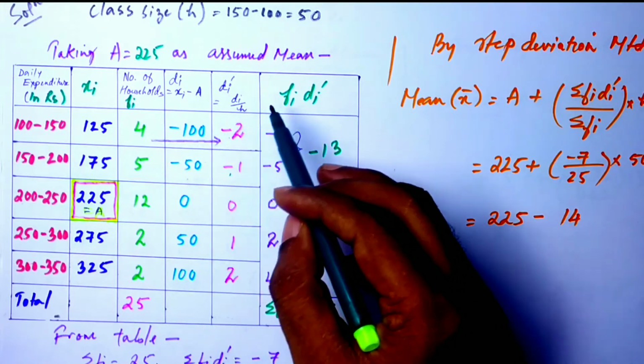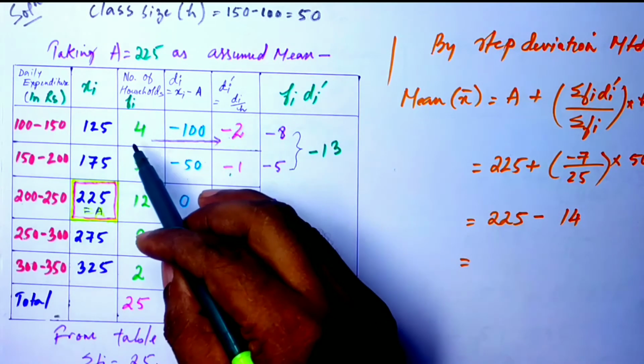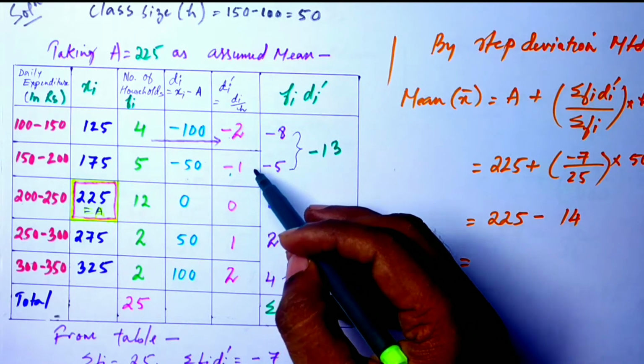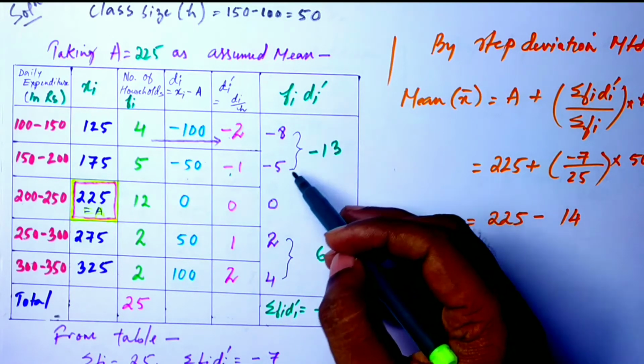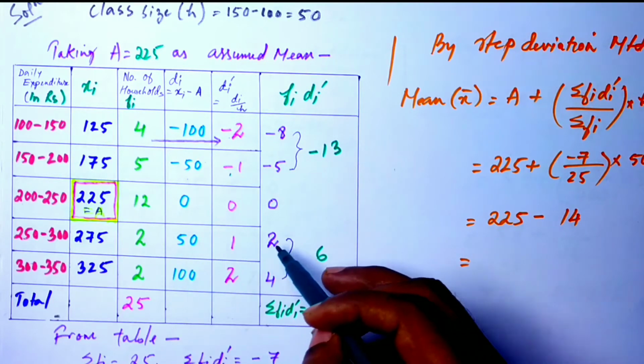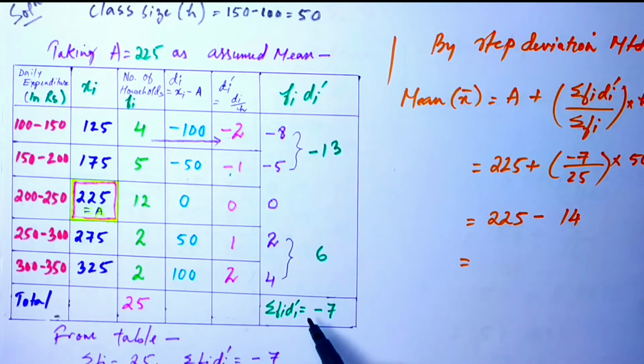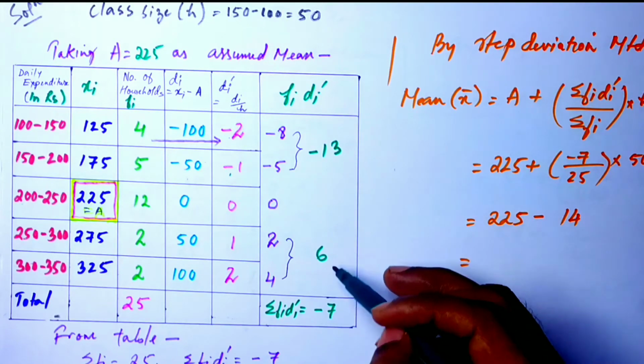And we calculate fi di dash. So 4 into minus 2 is minus 8, 5 into minus 1 is minus 5, the total is minus 13. It is 0 here, 2 into 1 is 2, 2 2s are 4, total is 6, and we get summation fi di dash as the sum of these two, which is minus 7.